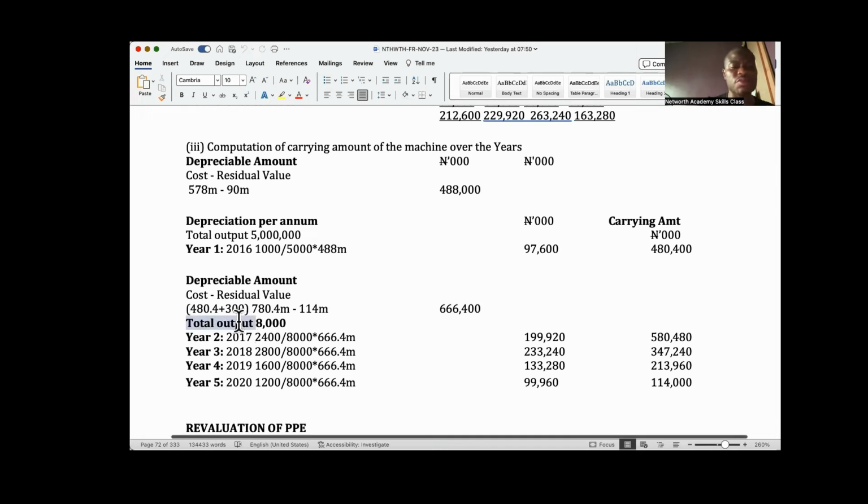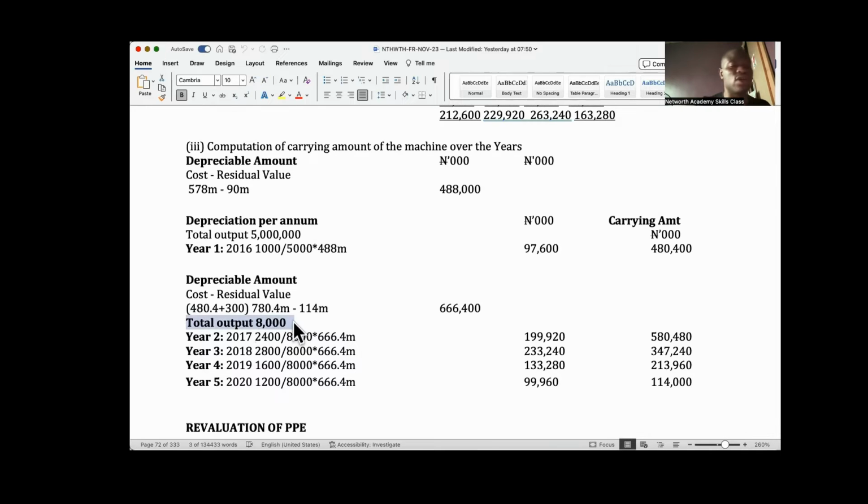So since the total output increased from 4,000 to 8,000 in year two, the output in each year should also increase by the same proportion, which is doubling. That was the reason why we doubled each of the years. This one was just the balancing figure. They didn't really give us this in the question.